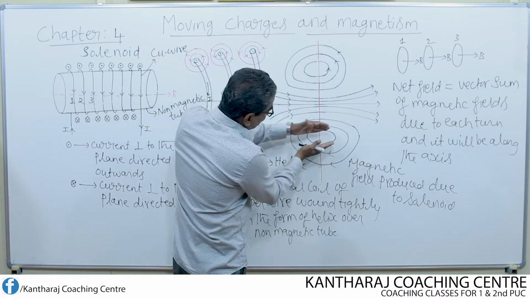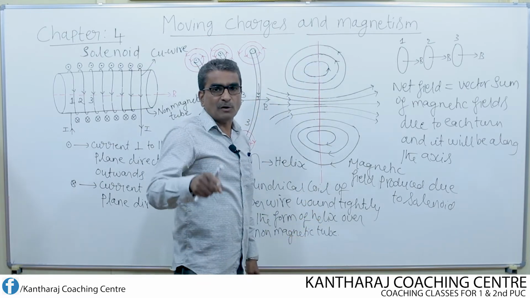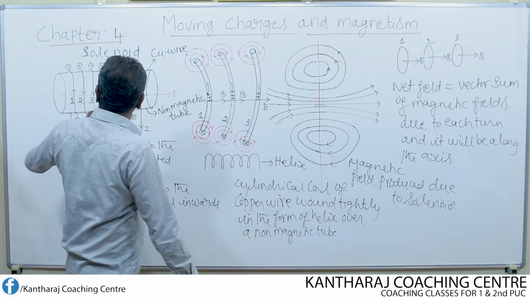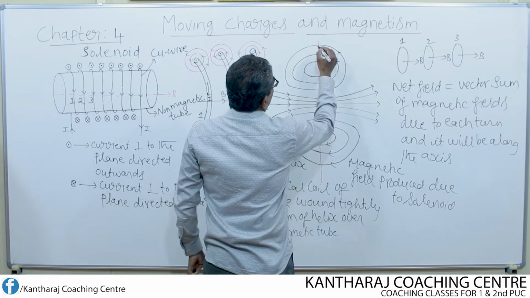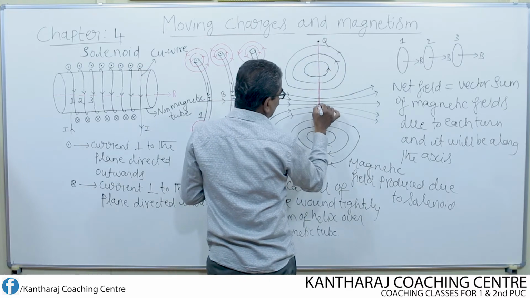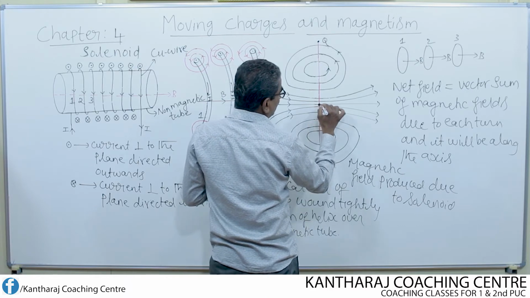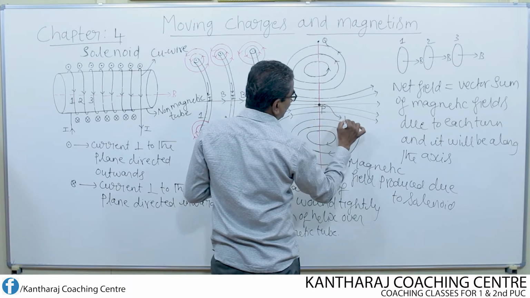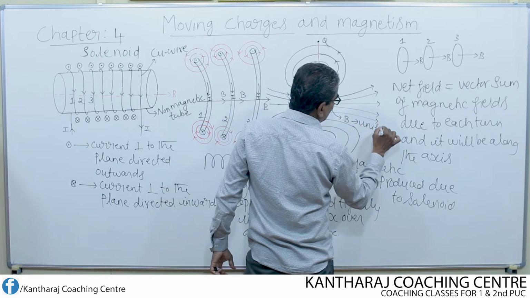Since the field lines are spreading out both at the top as well as at the bottom, it is found that the magnetic field outside the solenoid, say for example at the point Q, is weak, whereas inside the solenoid I consider here P is the point. So at this point the magnetic field B is uniform and strong.